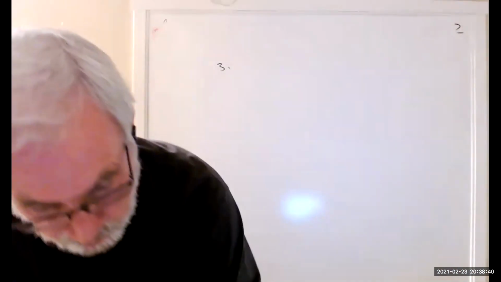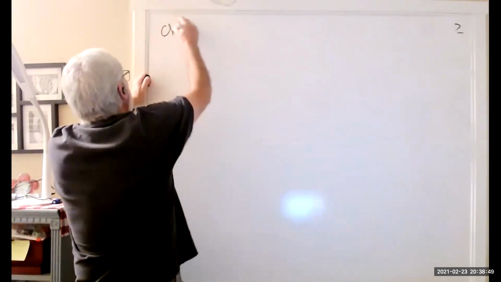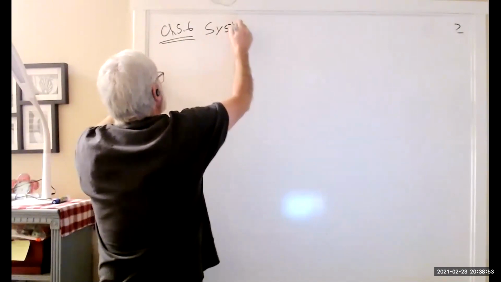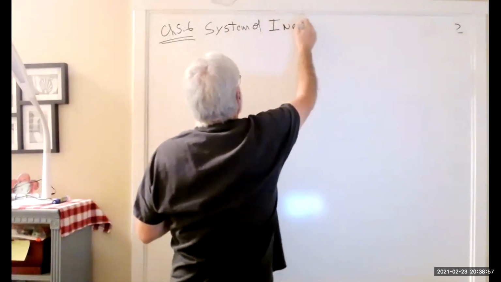Okay, this is chapter, where to go? 5.6. Chapter 5.6. This is called a system of inequalities.